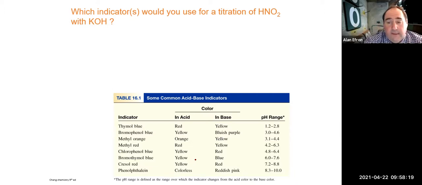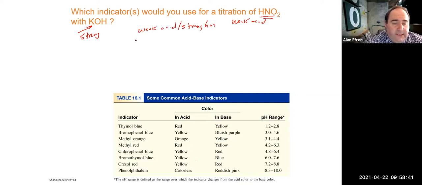Okay, so looking at this, first off, you would want to determine what you're dealing with. So hopefully, I think we may have seen this guy up around the road. That is actually a weak acid. That KOH is a strong base. So what does that mean? We're doing a titration of a weak acid with a strong base. And again, based on our conversations, we should have a visual in our head of what we're dealing with.